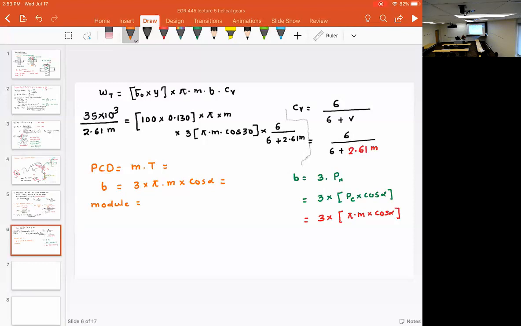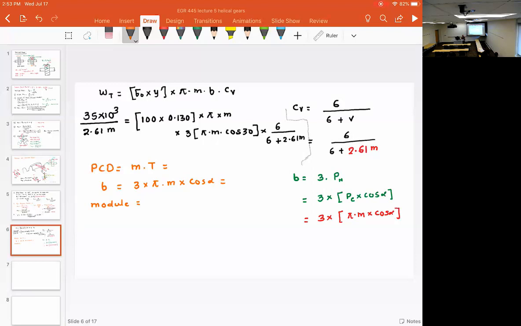Once we know the value of module, we have to first solve this equation for module. Once we know the module, we can find out the pitch circle diameter, and then we can find out the width. Can someone tell me why B is equal to 3 pi m cosine alpha?